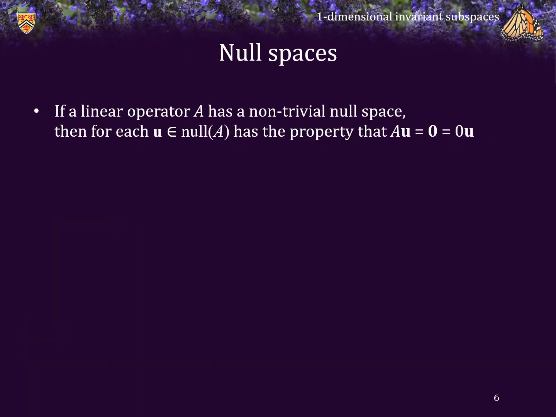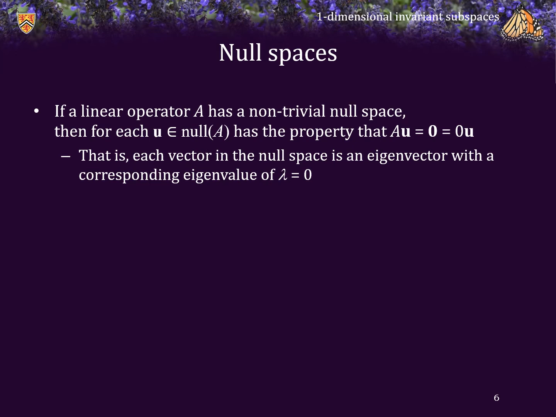Now, if a linear operator A has a non-trivial null space, then for each vector u in that null space, it has the property that A times u is equal to the 0 vector, which is equal to 0 times u.